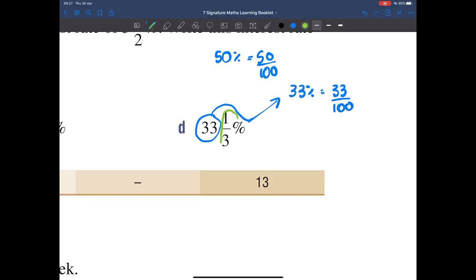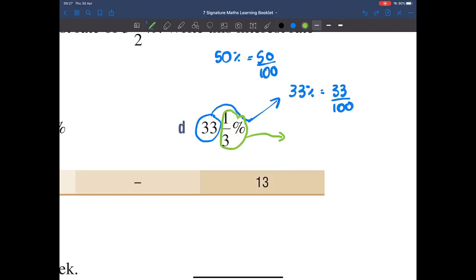Let's do this part, the 1/3%. Over here, it would be 1/3 out of 100. But that looks weird, doesn't it? In maths, we don't normally write things like that. So we have a little trick.